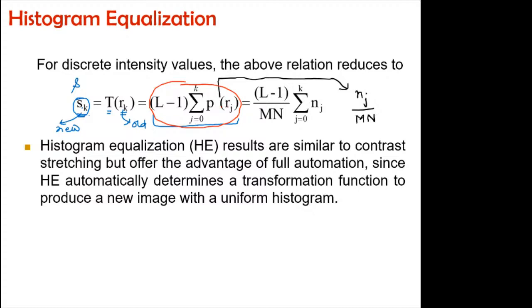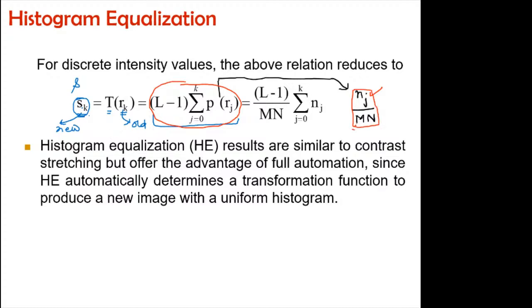Probability of occurrence of this particular intensity level. That means how many pixels are there at intensity level Rj divided by the total number of pixels in the image. That is called probability. Okay, you know what is probability. It's not difficult to imagine.